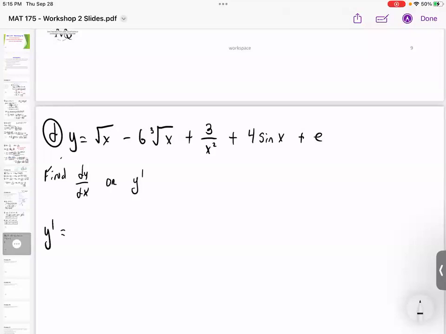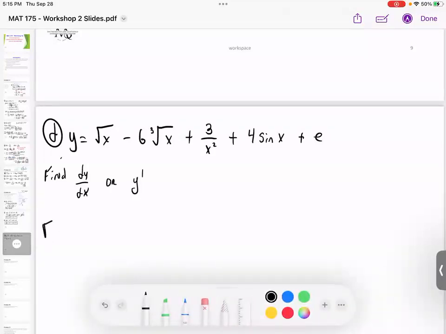Okay, so if I want to find y prime, before I do that, you first rewrite y using rational exponents. If you look at the first term, you have the square root of x. In order to find the derivative of the square root of x, you have to change your square root to be a rational exponent.